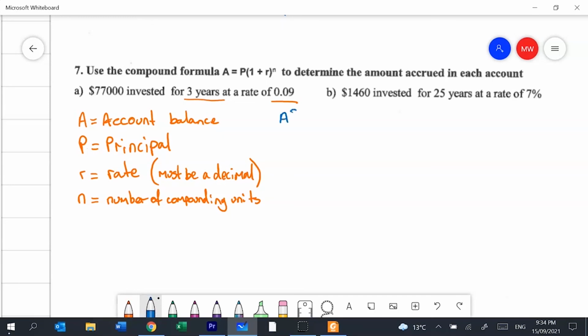We don't know what A is, that's what we're trying to find, okay? The principal amount was 77,000, and a rate was 0.09, and we had a number of compounding units was 3.